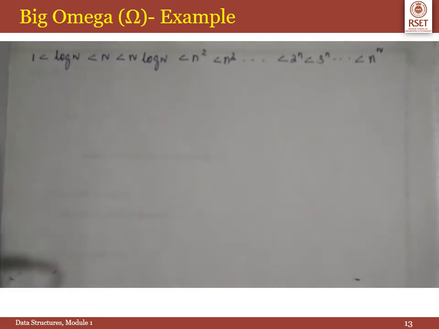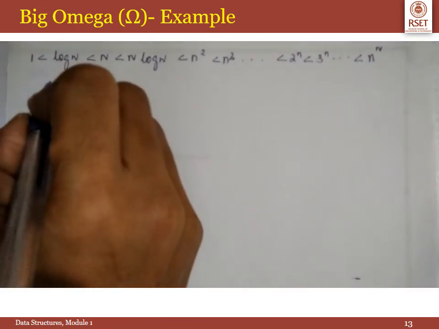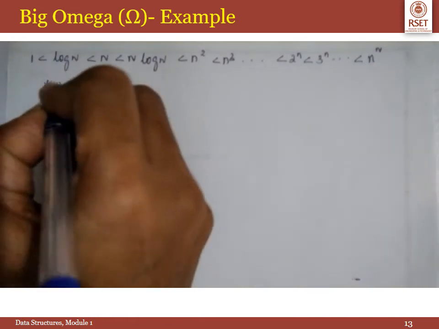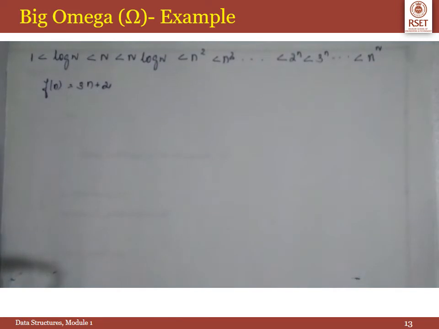Now we'll see how you can find the big omega value of the function. So let us consider the same function f of n equals 3n plus 2. Now our aim is to find the big omega value, or the lower bound of the function.